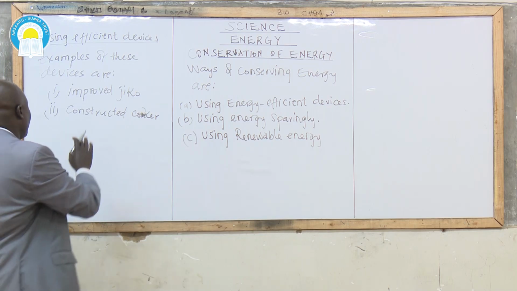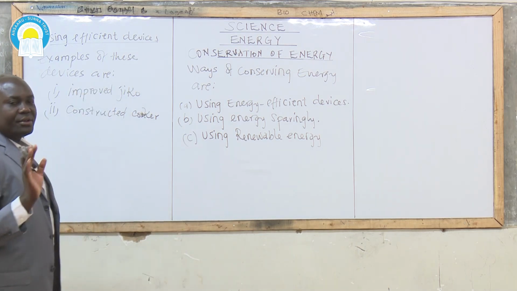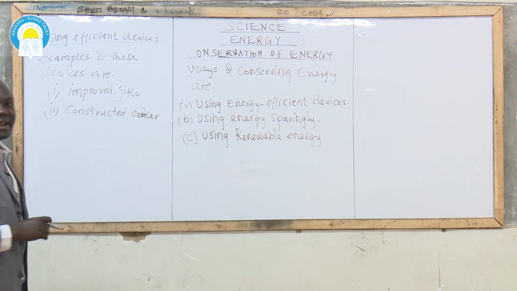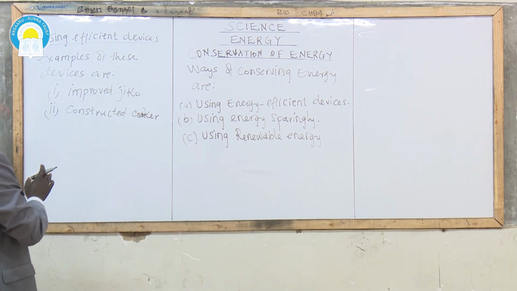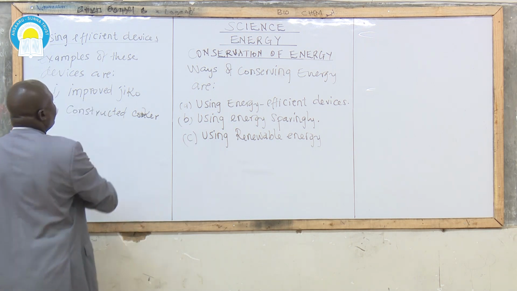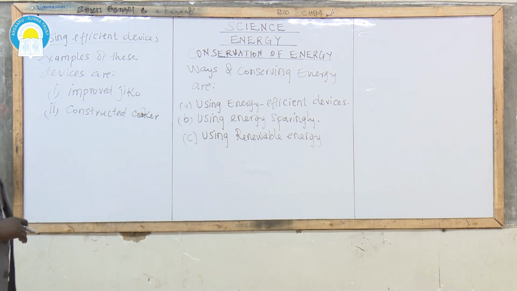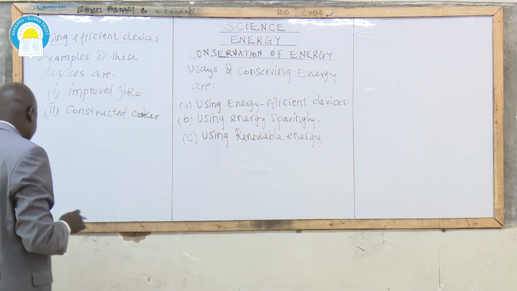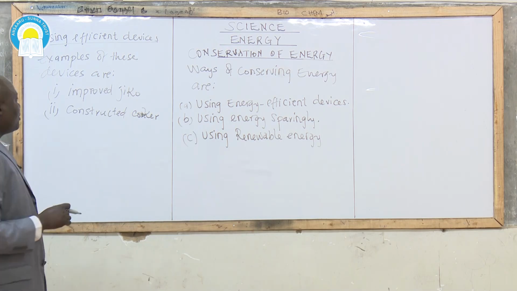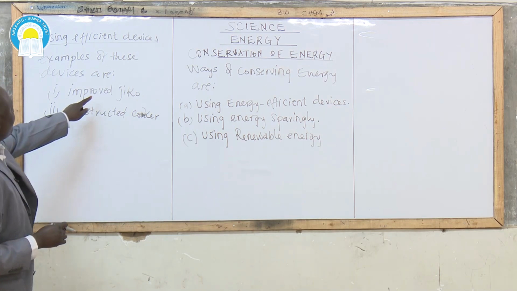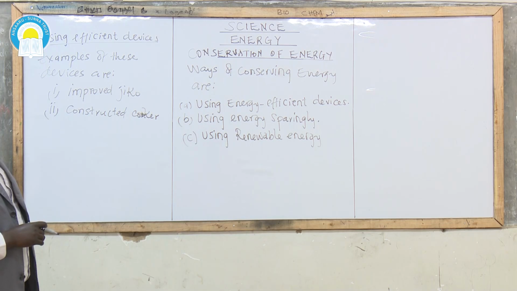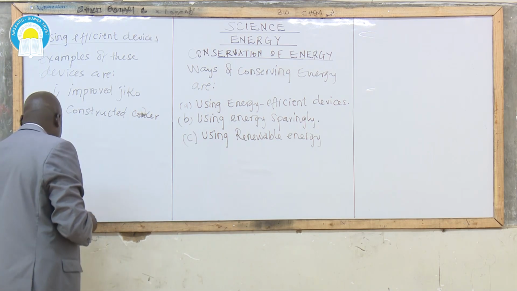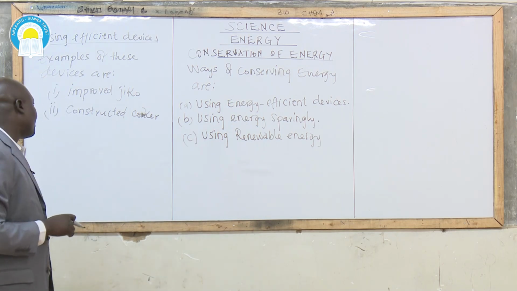In KCPE 2016, number 33 was about which part of the improved jiko helps to conserve energy. The same question was brought in KCPE 2012, number 27, and again in KCPE 2009, number 26.